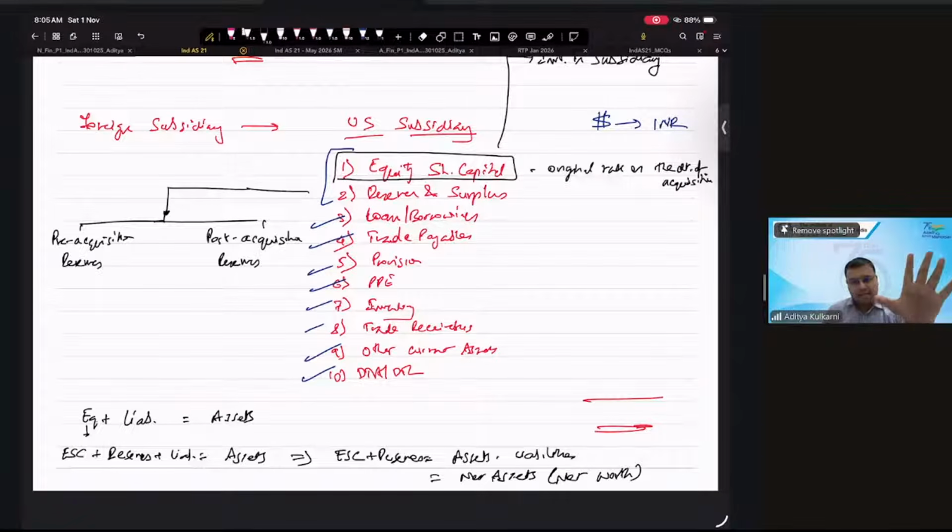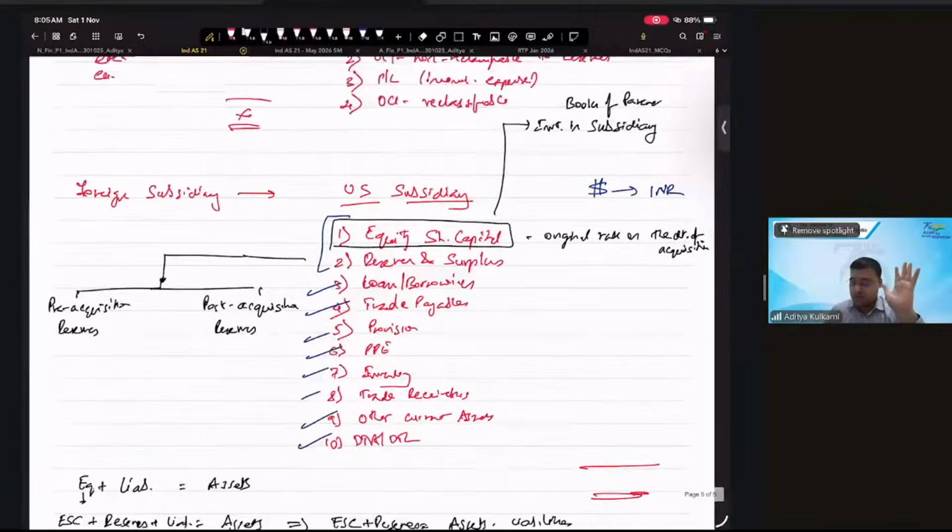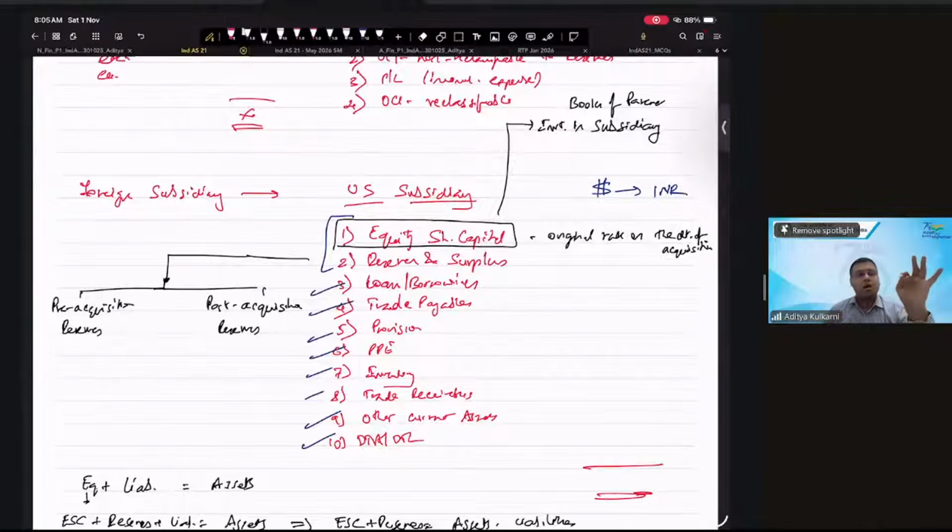So basically, when I acquire an entity, when I get a controlling stake in an entity, I pay for the net worth. If I am getting 75%, I will pay something comparable to that 75%. Now, the day I invest in that company, am I getting only equity shares?